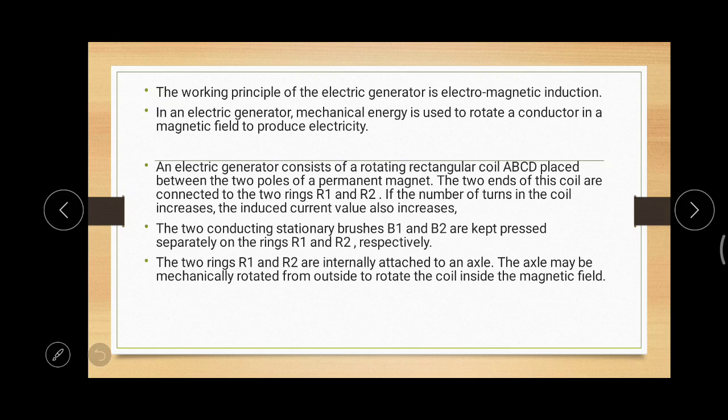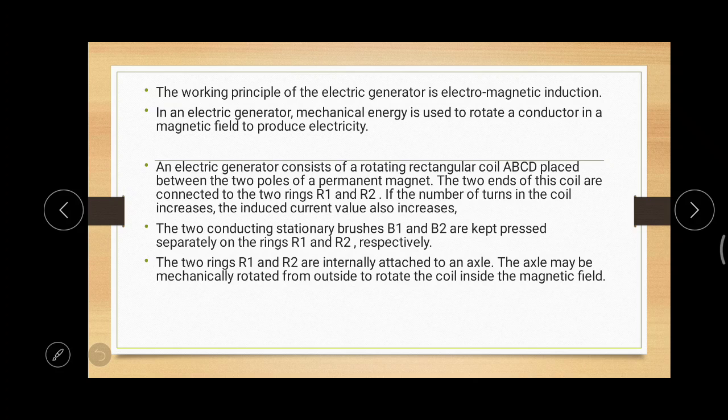All those things you have already seen: R1, R2, B1, B2. But in the case of the motor we were using the split ring. Here we are using slip rings, so we can obtain the AC current.